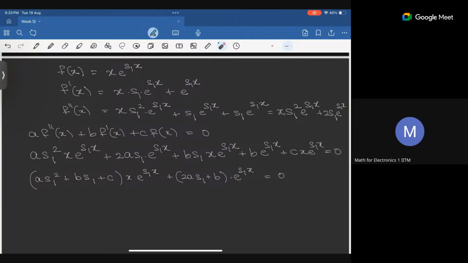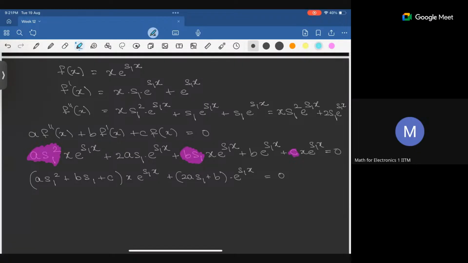Now if I pull all these x into e power s1x terms separately and e power s1x terms separately, I will have x into e power s1x, x into e power s1x, x into e power s1x. So the coefficients are a s1 square, and b s1, and c.